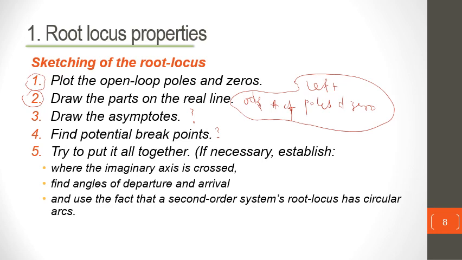You may also calculate critical points, such as where the root locus crosses the imaginary axis, and the angles of departure and arrival. And you can use the fact that for second order systems, the root locus arcs on the sketch are going to be circular.